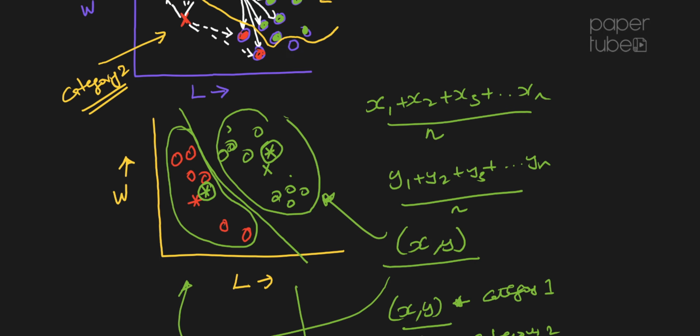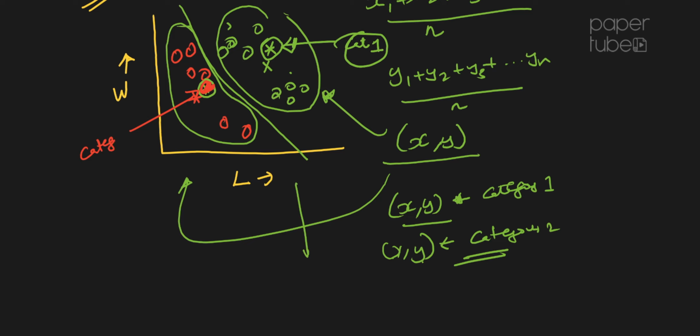If you go back to this graph, since this is your new cluster center for category 1, and this point is the new cluster center for category 2, now you recalculate the Euclidean distance between this particular point and all the data points in the graph.